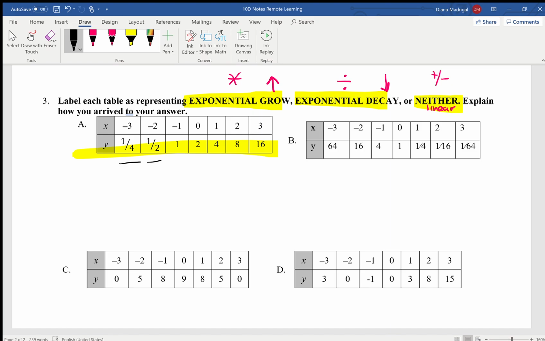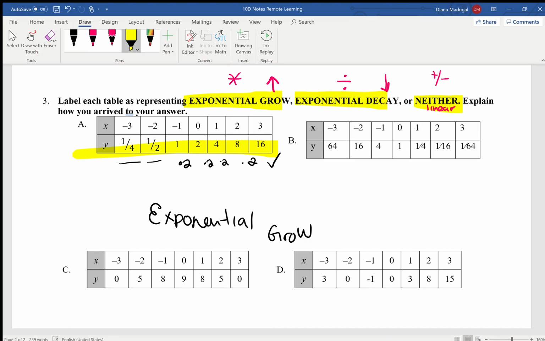We just need to check if it's going to be multiplying. 1 times 2 gives me 2. 2 times 2 gives me 4. 4 times 2 gives me 8. 8 times 2 gives me 16. So this is true. So this one is exponential growth.